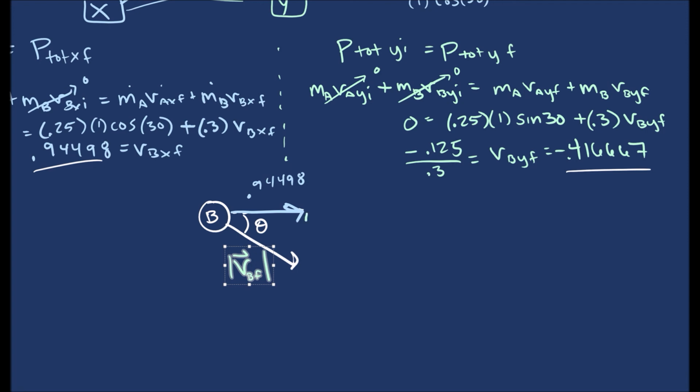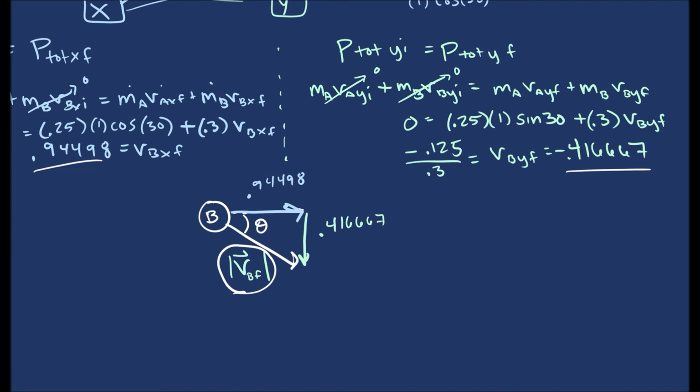My y component I know points downward because it's negative. 0.416667 is what I wrote down. There were more decimal places in that, but that should be sufficient. Oops, I made this green. This is what we're trying to find. It's supposed to be white, turned green accidentally.